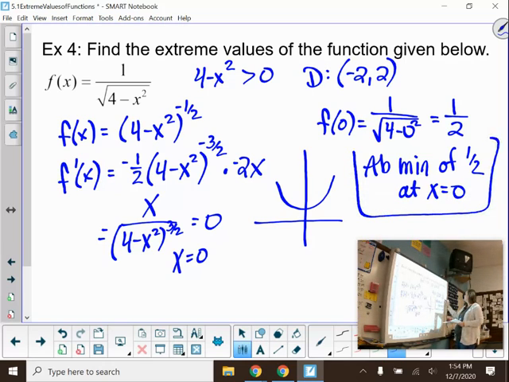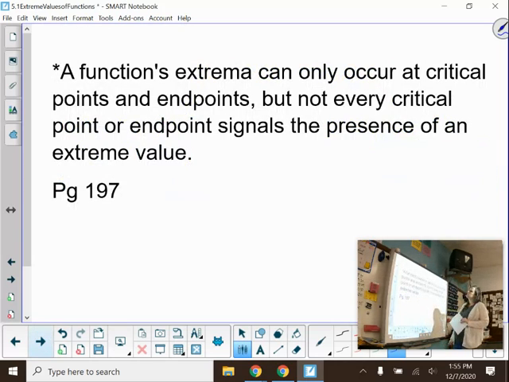It's also a local min, but there is no maximum on this because your endpoints here are not included. There are no local or absolute maximum values for this function. We'll be doing more with number lines to prove whether things are mins or maxes. So if you're not quite sure about that yet, no worry about that. Okay.